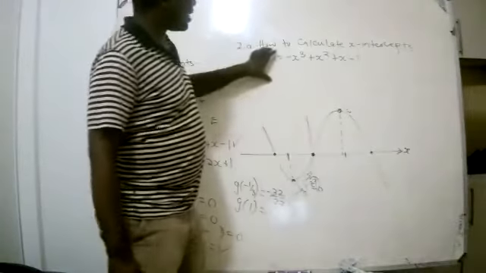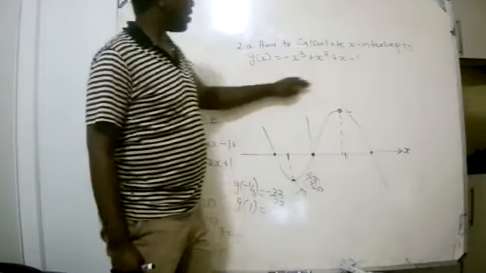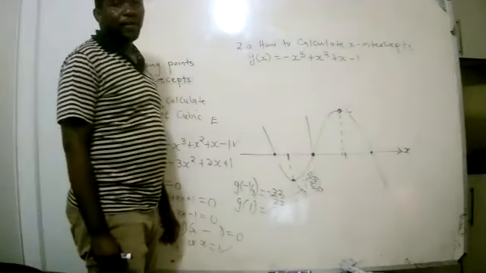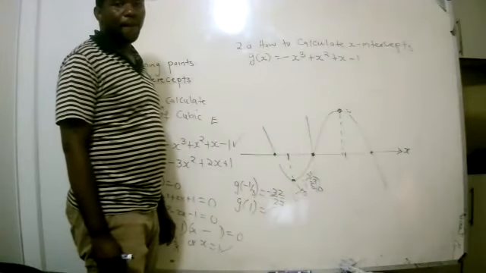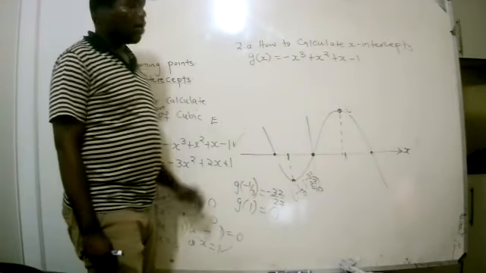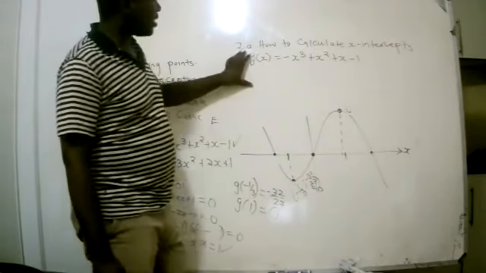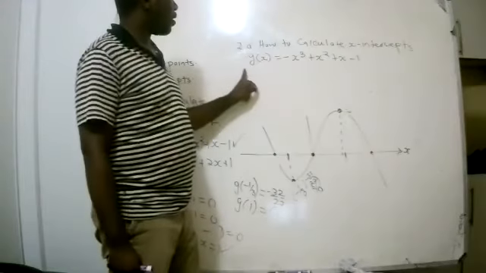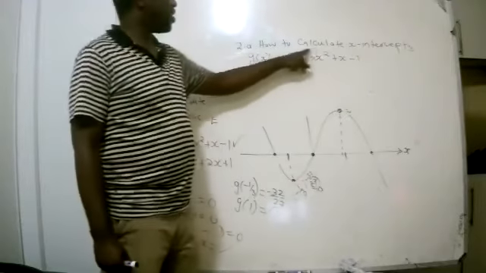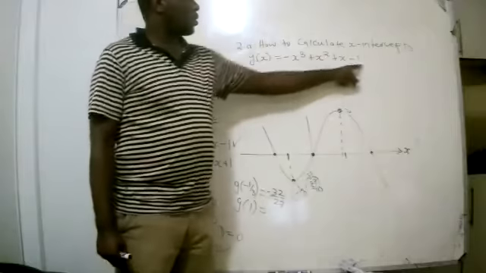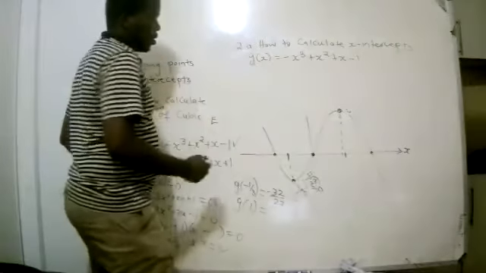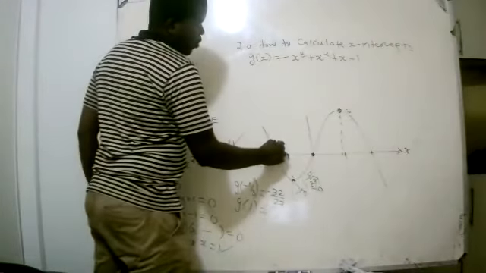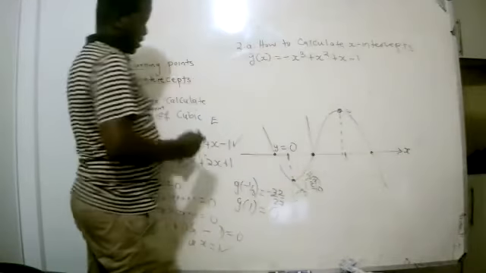What is the variable that indicates y on the function given here? We know y is equal to 0 at the x-intercept.